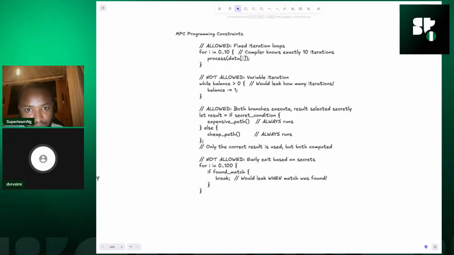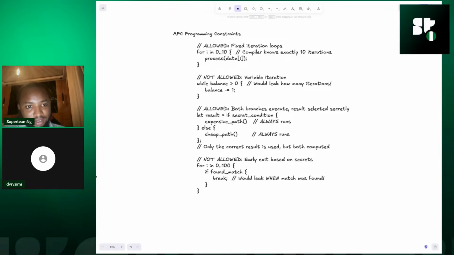If it found a match at, say, the 50th index, you're basically leaking the information that that's where the match happened, compared to when you're doing the two-part case where you're saying if this happens do this, and if this happens do this. I think the last one is kind of confusing.